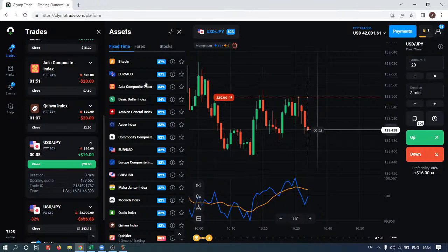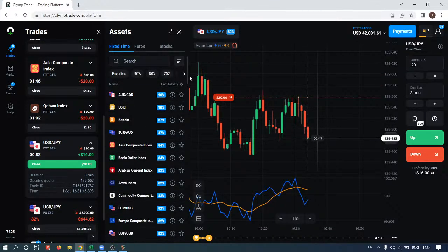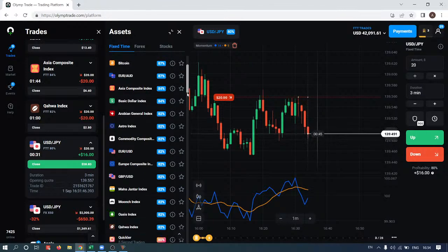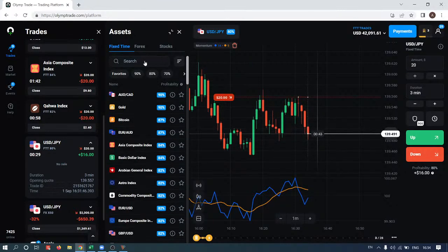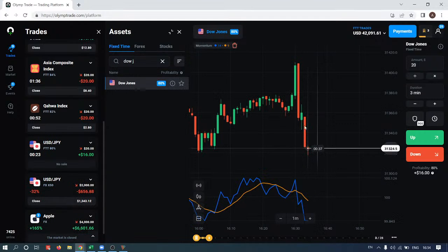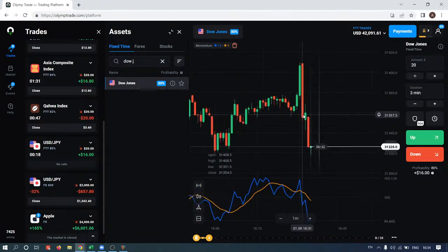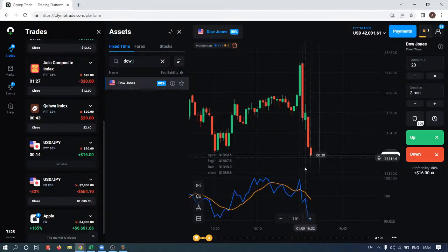Dow Jones. Okay, let's have a look at Dow Jones. Well, yes, potentially that could have been a nice trade. That could have been a profitable trade.